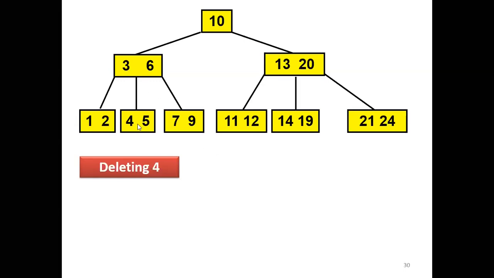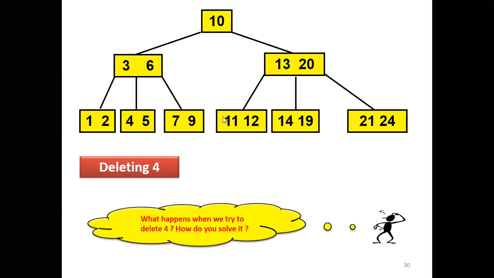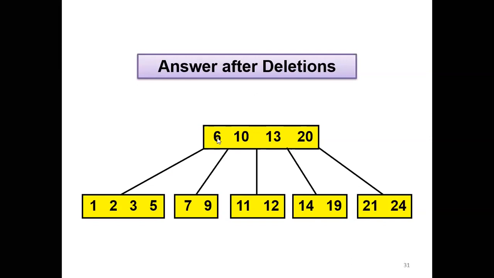So first we delete 4 and we replace with the data from here. So we have 5, 6. So we replace with 10 here and combine this one. If we do that, this is what's going to happen. We have 6 here. We have 1, 2, 3, 5, then 6, 10, 13, 20 arranged in this way.